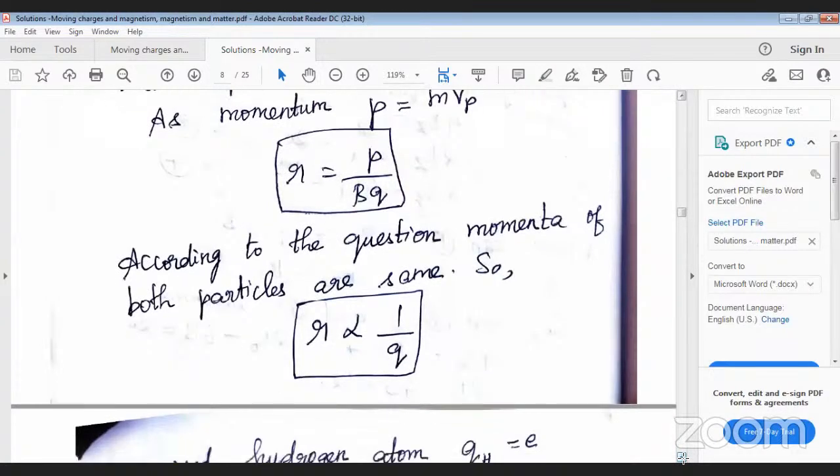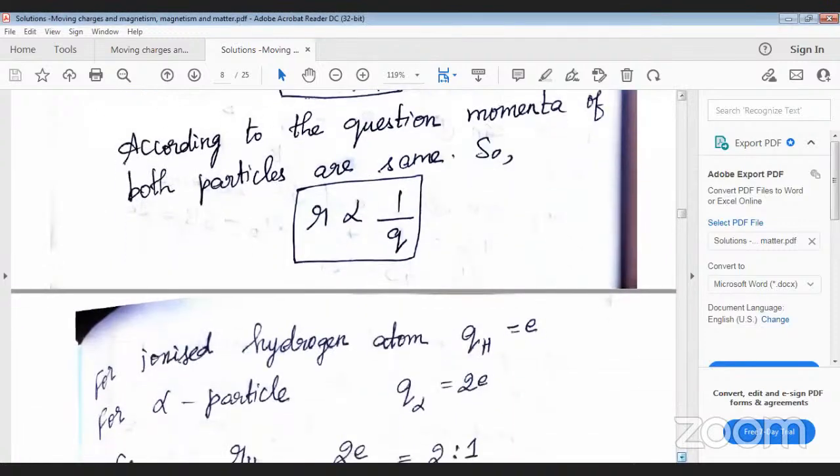In the question they have given that the momenta of both particles are the same. So the magnetic field is the same, the momenta is also the same. That means the radius of the circular path is directly proportional to 1 by q, or inversely proportional to q. Now we can easily find out the solution.